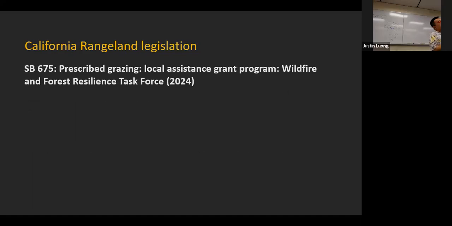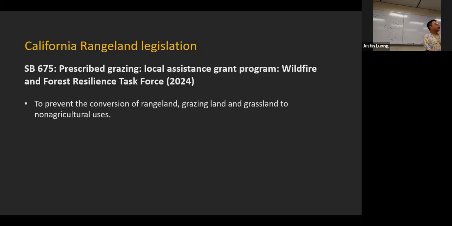A more recent policy that was passed was SB 675, which is using prescribed grazing to help with wildfire prevention. This is hopefully used to also help prevent rangelands, grazing lands, and grasslands from being converted to non-agricultural uses. Oh, wait, I'm sorry, I didn't update these bullets, so ignore the bullets.